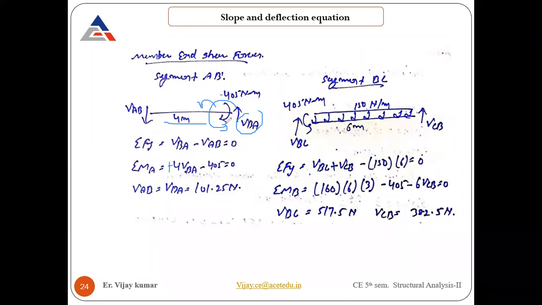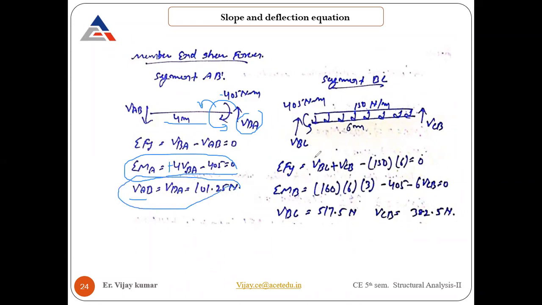The minus value will come out the same. So there will be no difference in this particular problem. Either you can take positive or negative, or clockwise or anticlockwise, it hardly matters. So that's how we get the value of VBA and VAB, which comes out to be 101.25 Newton.